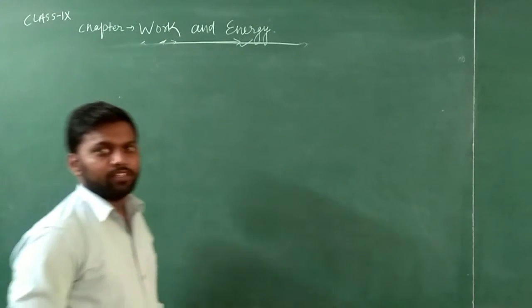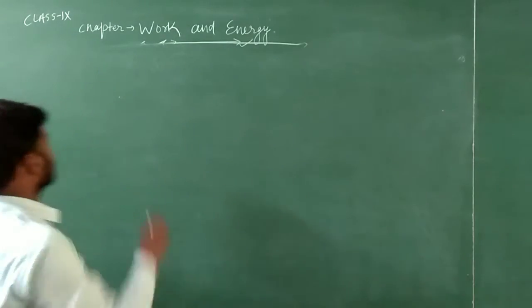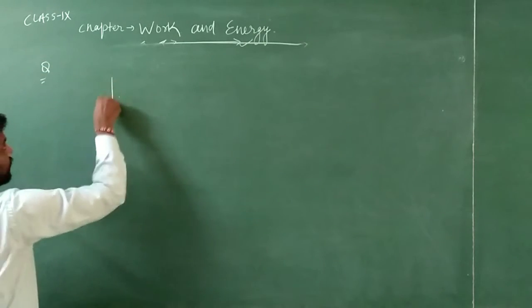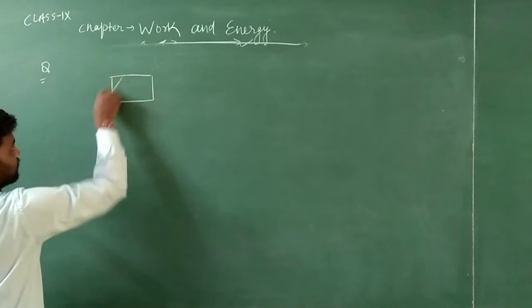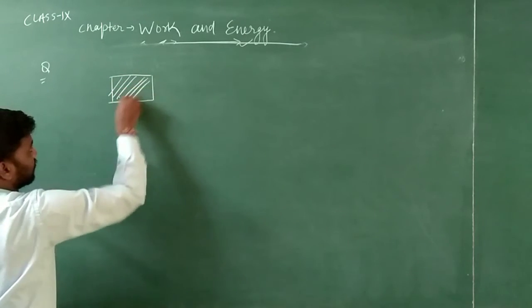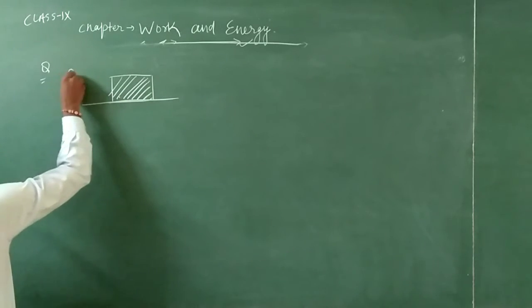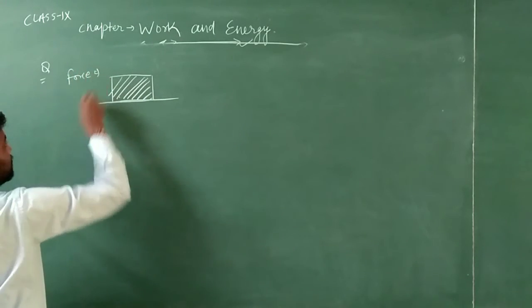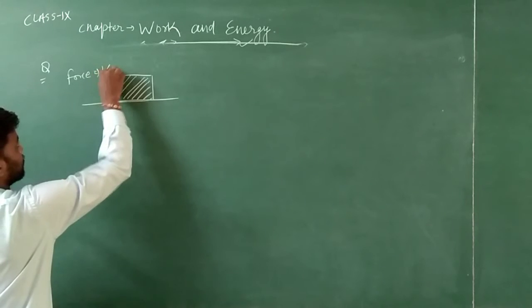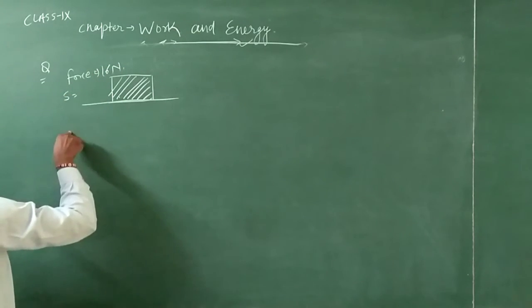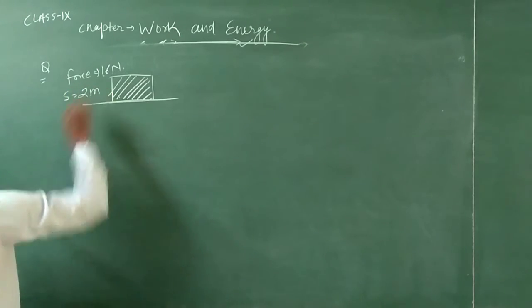Now we will solve another numerical based on work. The question is like this: we have two objects. One object is lying here and we are applying force on this object, that is, force is equal to 16 Newton, and the object is displacing, that is S is equal to 2 meter.